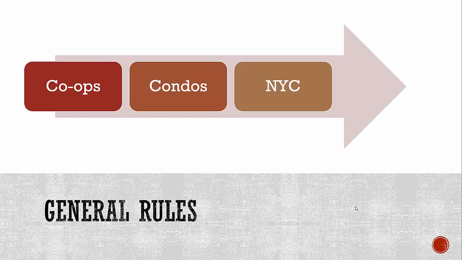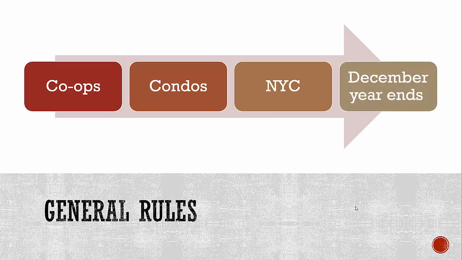We'll also assume that everything we'll talk about is for buildings in New York City. There are some differences and nuances for buildings that are not in the five boroughs, Long Island as one example. But again, we're just going to be talking about New York City. And lastly, we're going to also assume that every client we're discussing is a December year end, that their fiscal year ends on December 31st of the given year.